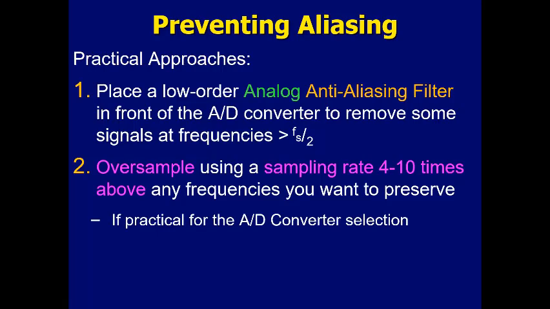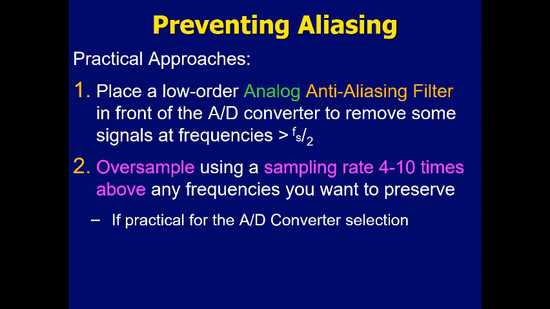Remember, oversampling means we're going to sample at a sampling rate that's higher than the Nyquist criterion says we absolutely need. And that oversampling could be by a factor of 2, 4, and maybe even up to 10 times what Nyquist says, just by virtue of how much signal we think might get through our filters that might alias and what our particular application is.